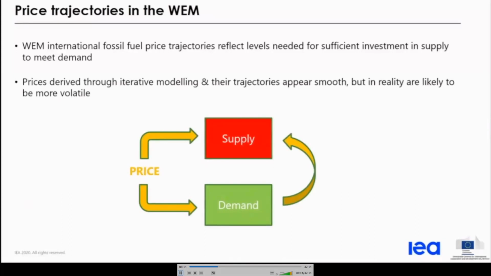The cost of supply by type of resource, location, and including technology learning curves varies for both oil and gas. This also considers how the relative risk of investment changes depending on country or region. The price of oil or gas must be sufficiently high to encourage investments in supply to meet demand.